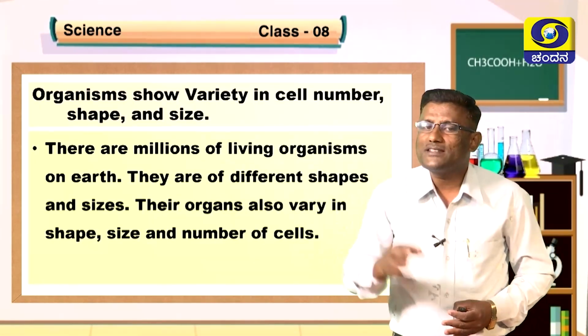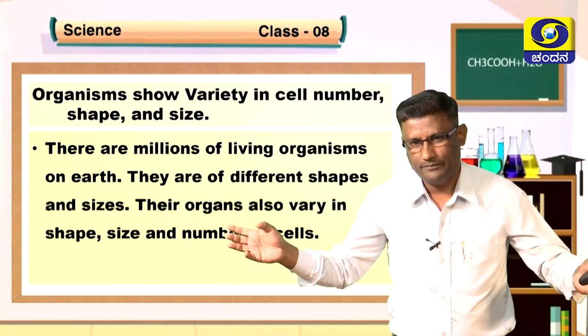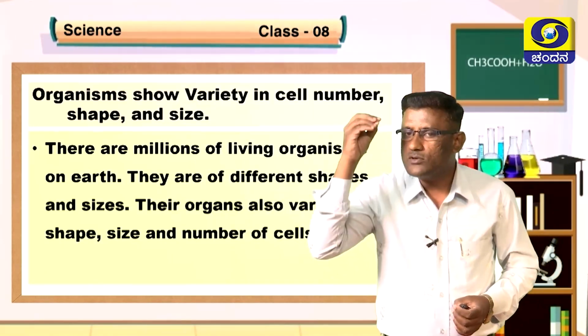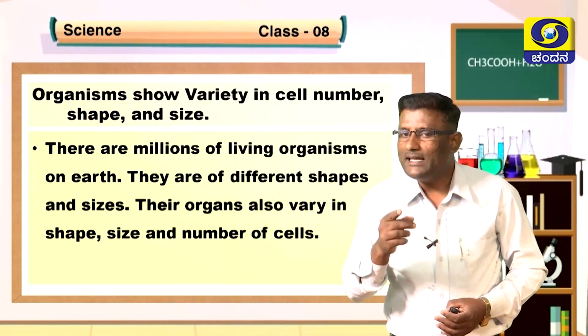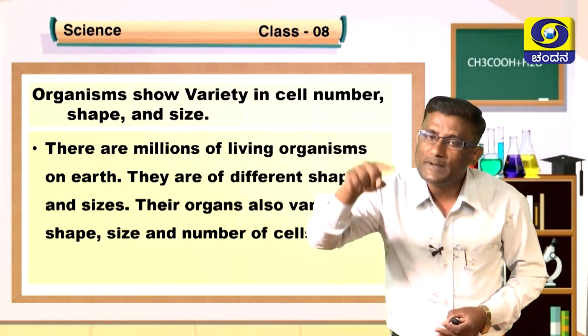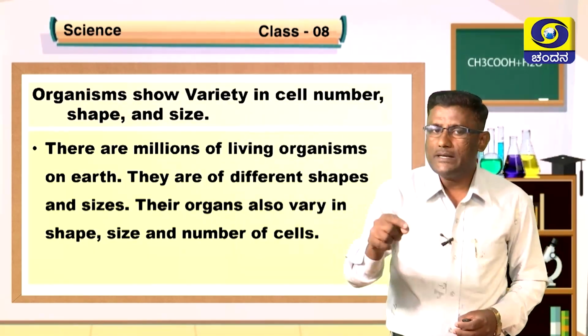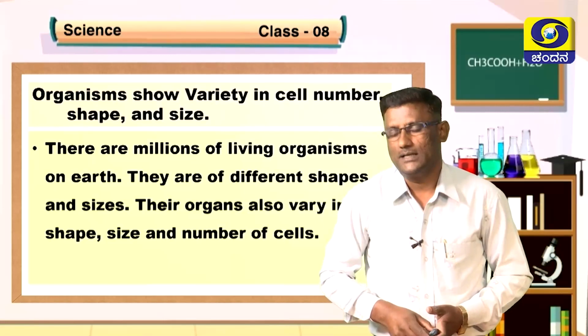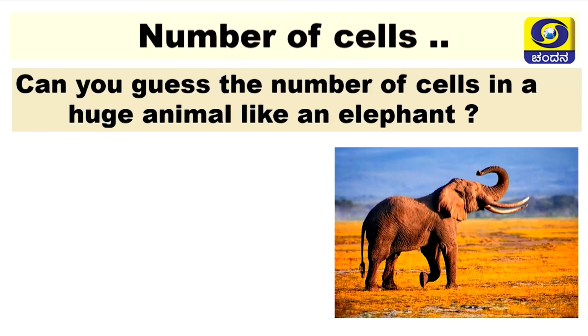The body structure and shape of the organisms vary. The body size and shape of those organisms vary. Similarly, the organs present in the body of an organism vary with respect to shape, size and also number of cells. Let us get more information about the number of cells present in the body of any organism.